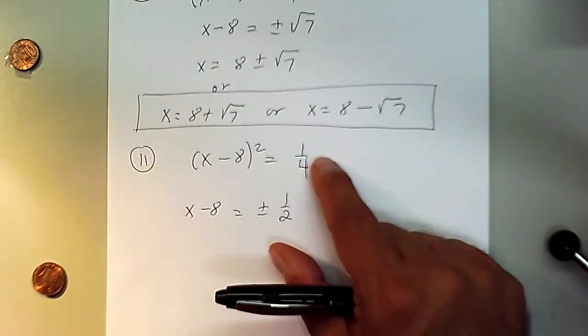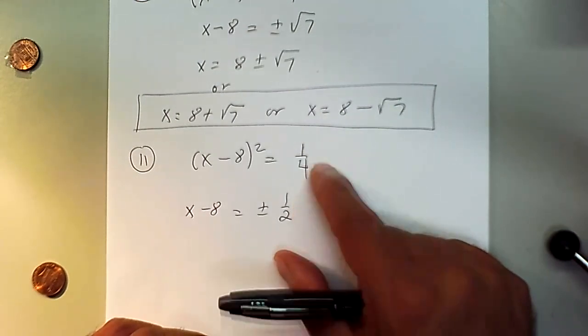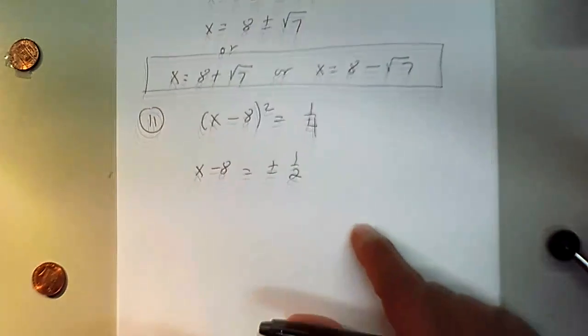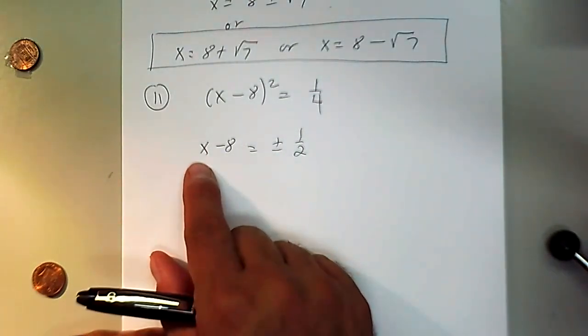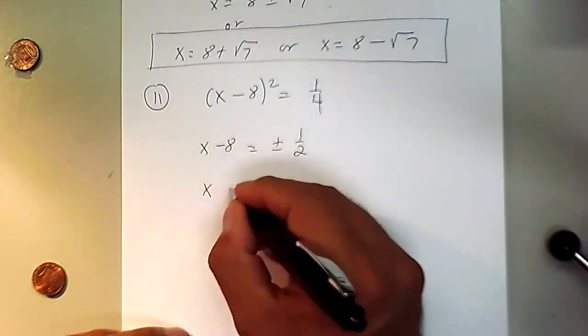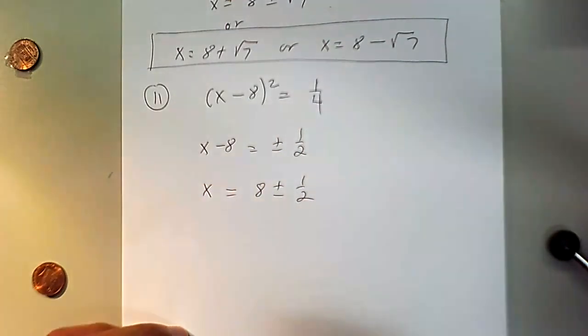However, when the number for which we're taking the square root is smaller than 1, its square root is bigger than the number itself, its principal square root. So this is x equals 8 plus or minus a half.